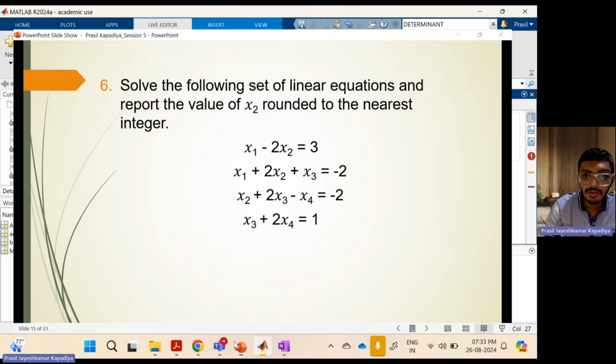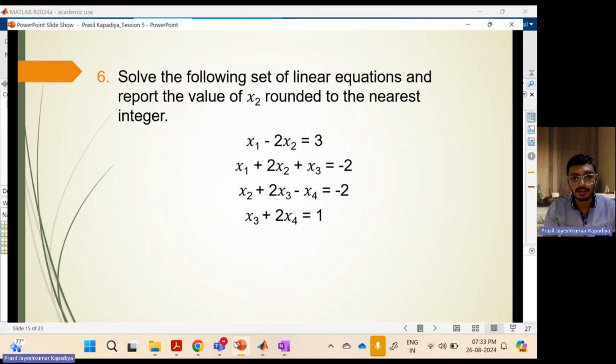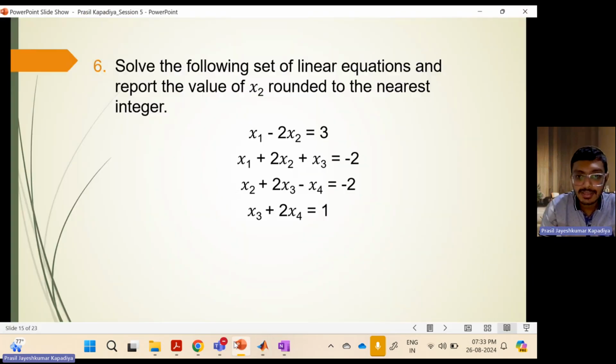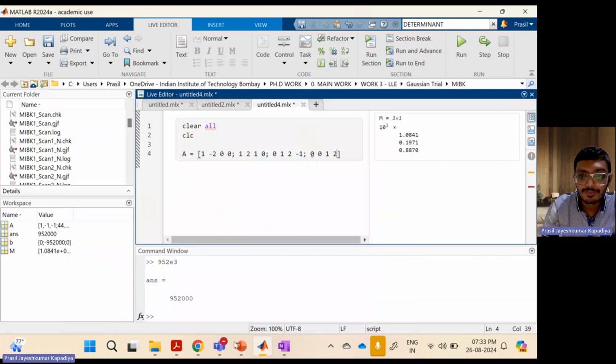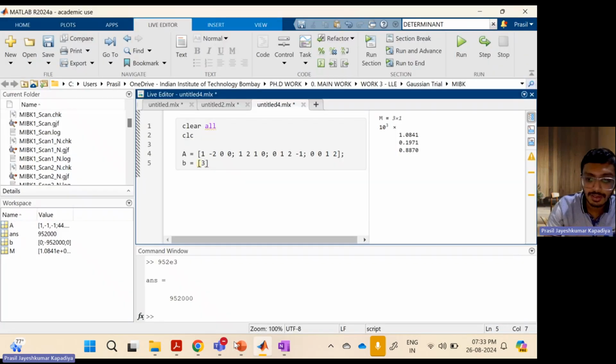Now my last equation: x1 and x2 are 0, x3 is 1, x4 is 2. Correct? So this is my A matrix. Now my B matrix, the right hand side matrix, is 3 semicolon minus 2 semicolon minus 2 semicolon 1.